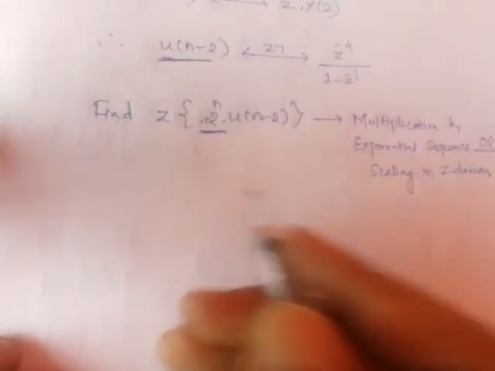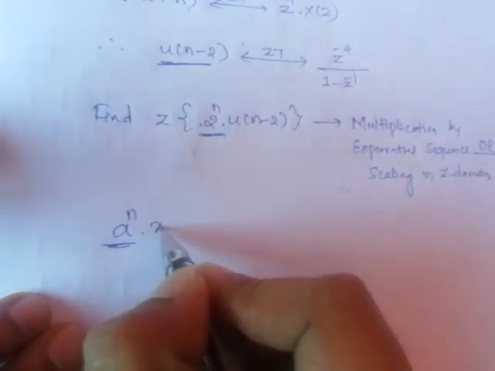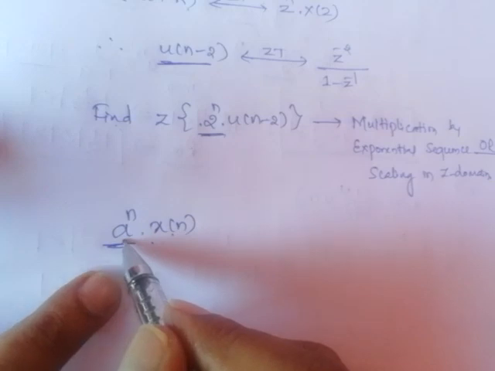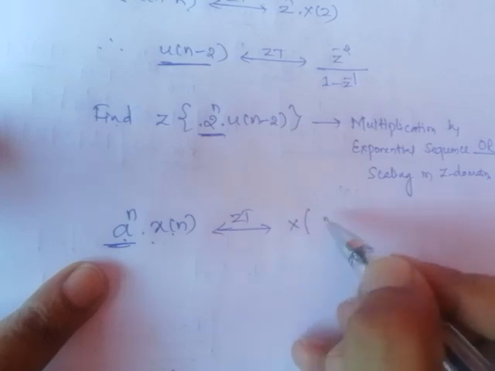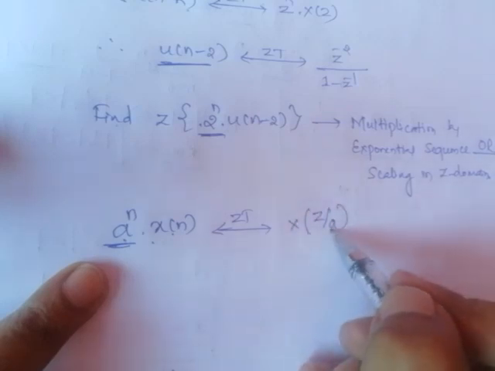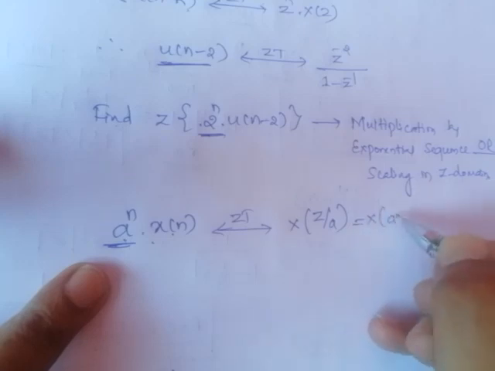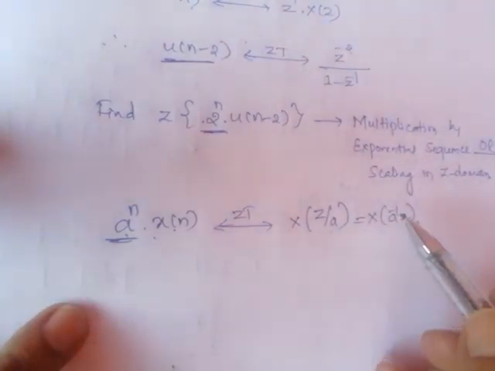If x of n is the given sequence and we multiply it by the exponential sequence a to the power n, then X of z is replaced by X of z by a. We can also write it as X of a to the power minus 1 z. Scaling operation in Z domain means z is replaced by z by a. You have to remember that.